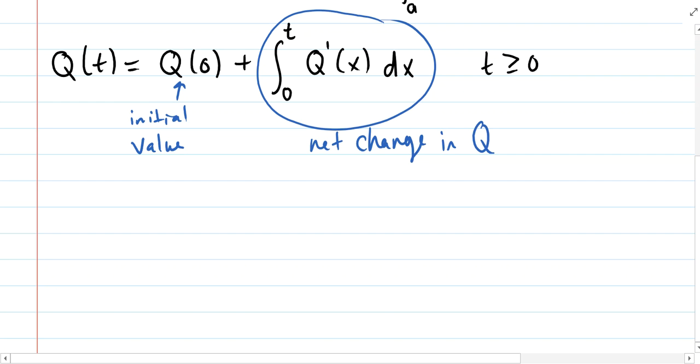Well, what this formula does is let you do that without actually having to find c. So this works for the indefinite and definite integrals when you do this like t. And in this case, remember, the derivative is the rate of change of q.